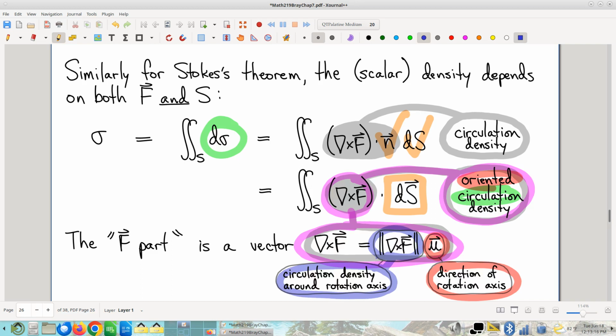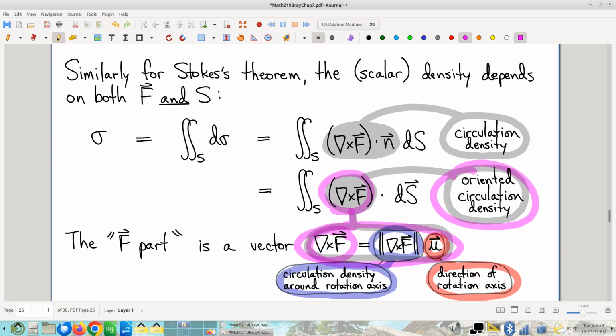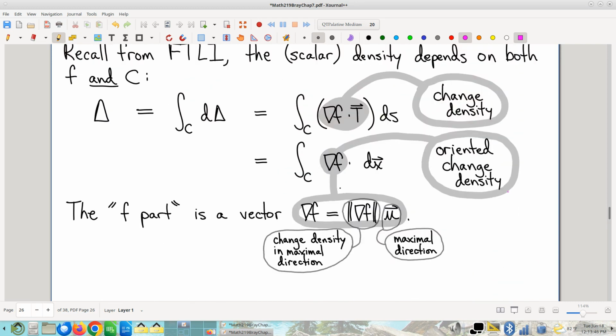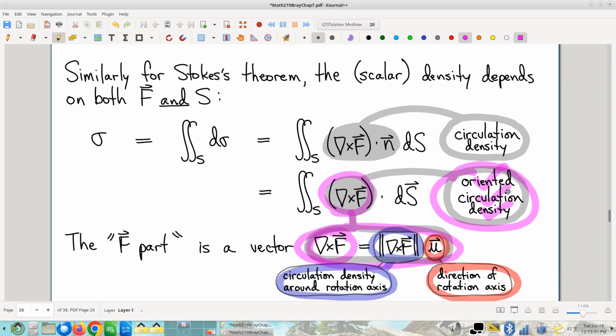So this is a really powerful resulting interpretation that comes directly out of thinking of curl as oriented circulation density. It's a lot to digest, I know, right? But that point of view, in comparison to this perfectly analogous point of view up here about gradient, gives these really powerful interpretations.